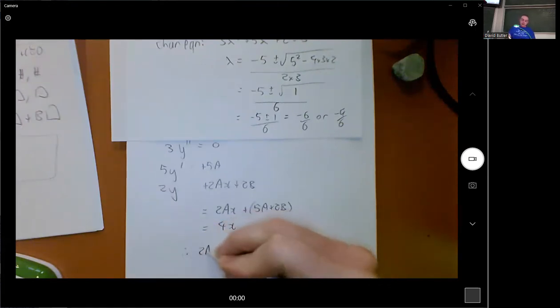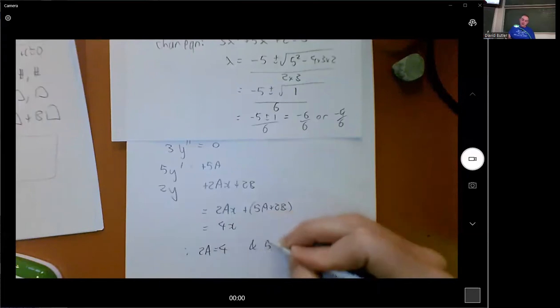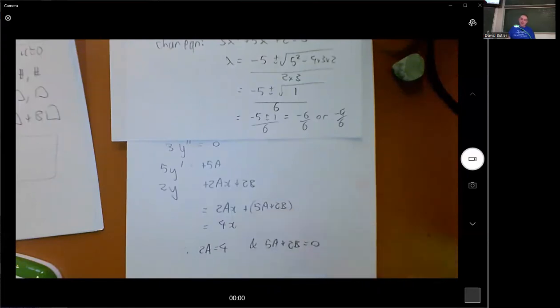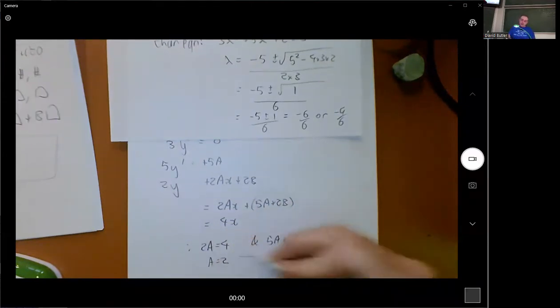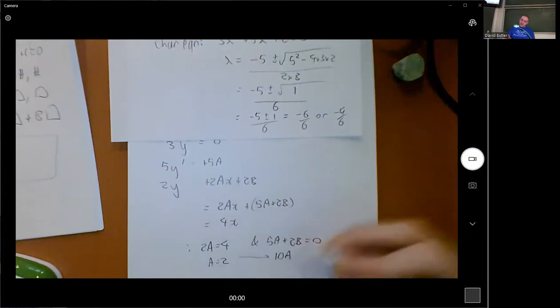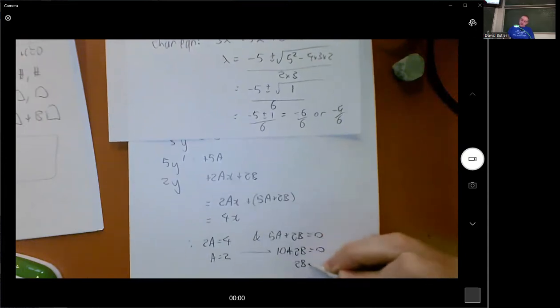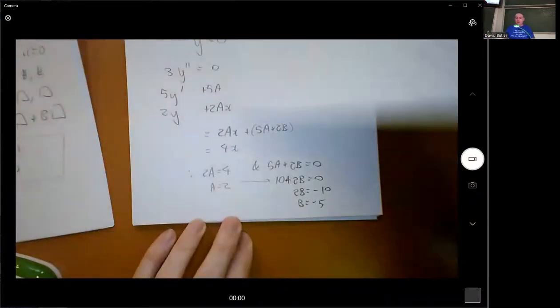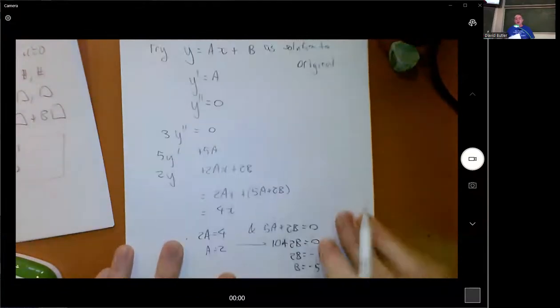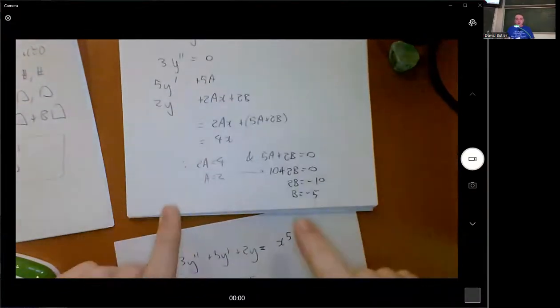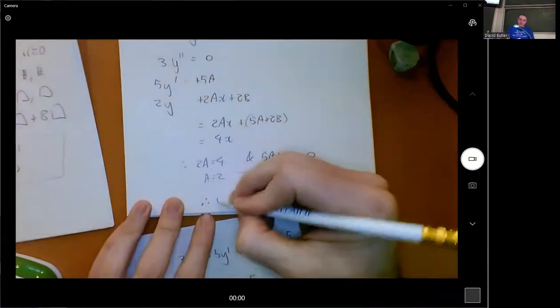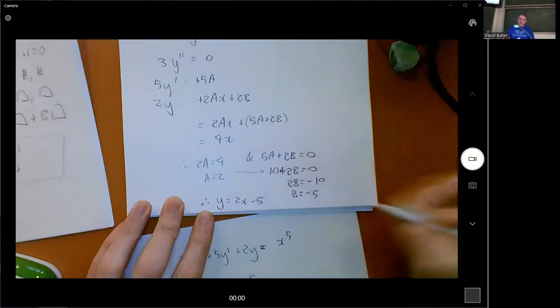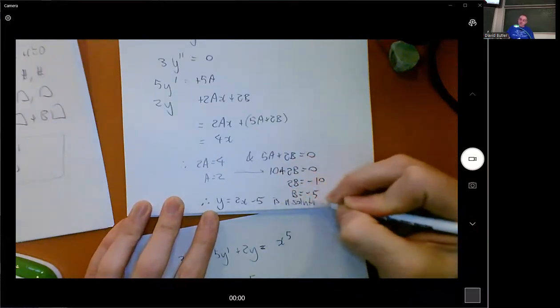So therefore 2a must be 4, and 5a plus 2b must be 0 because they match up to the coefficients. And so I get a is 2, which causes 10 plus 2b, so 2b is minus 10 and b is minus 5. And therefore, my ax plus b, in order to be a solution, has to be 2x minus 5. Is a solution to the original.